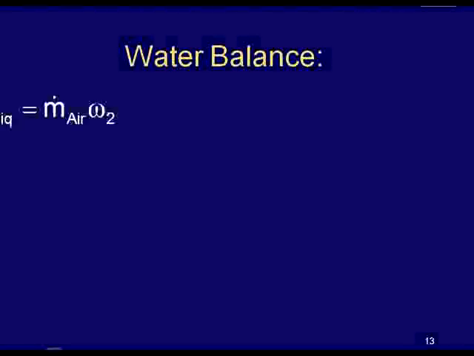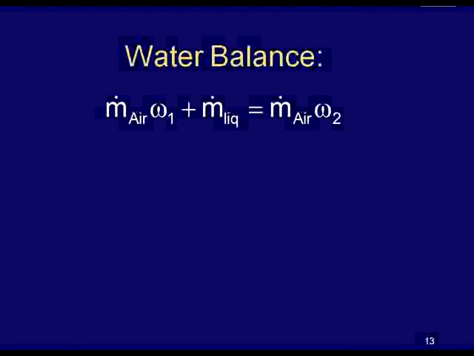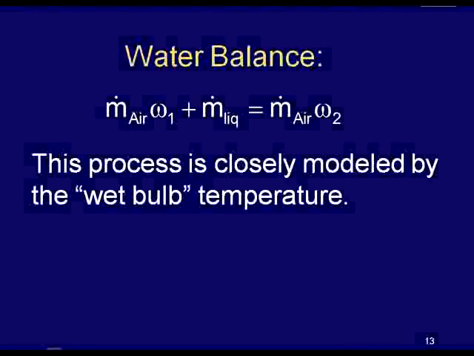Now we apply a mass balance on the water. We can find the mass of the liquid that has to be used to saturate the air. It's equal to m air omega 1 plus m liquid equals m air omega 2. That's a mass balance, and we can use the two balances to describe the process.